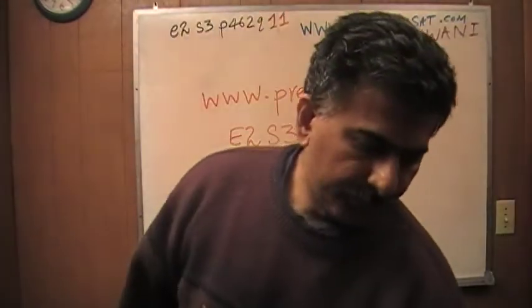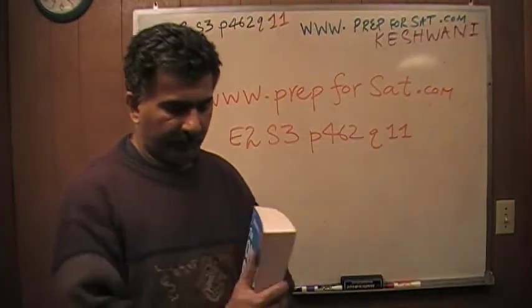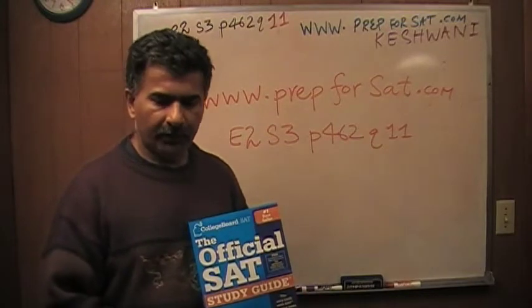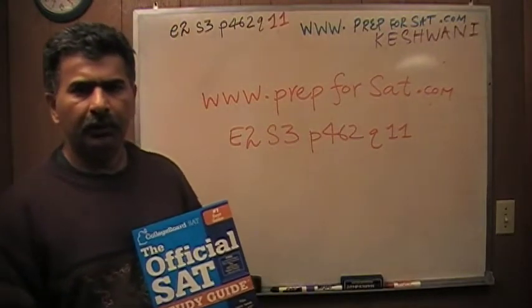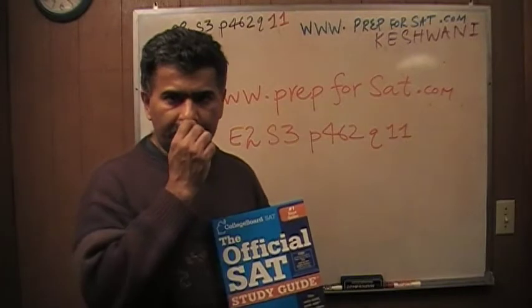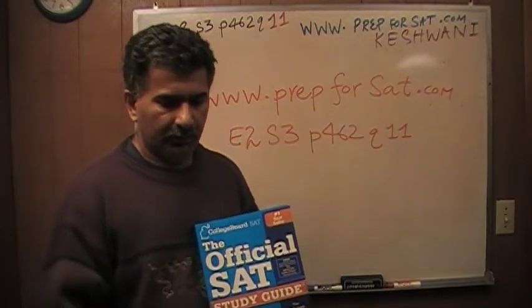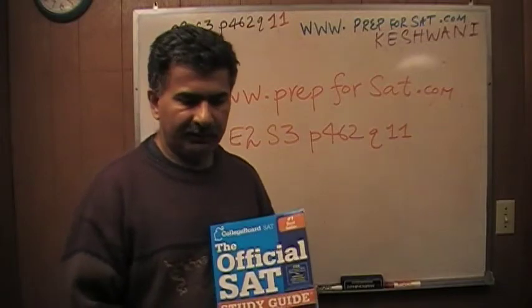In this clip that you're about to see, I'll solve a math problem that appears in the official SAT study guide. I've been putting together videos on YouTube of all the problems that appear in this book. There are 8 exams in it. Each exam has 3 sections.